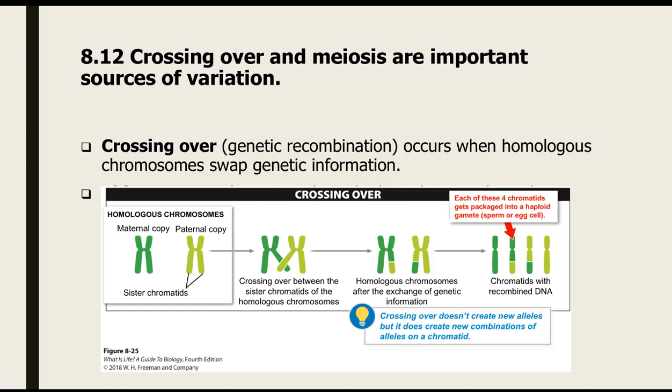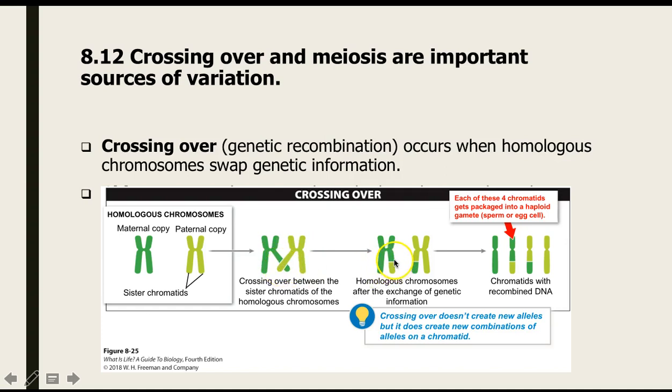But to start out with the hows, remember this is the maternal and this is the paternal. They're homologous. Homologous chromosomes are also called homologs, and those are the sister chromatids. So notice that in the sister chromatids, this one isn't swapping with that one. It's just that one of the sister chromatids from each homolog crosses over and trades bits.